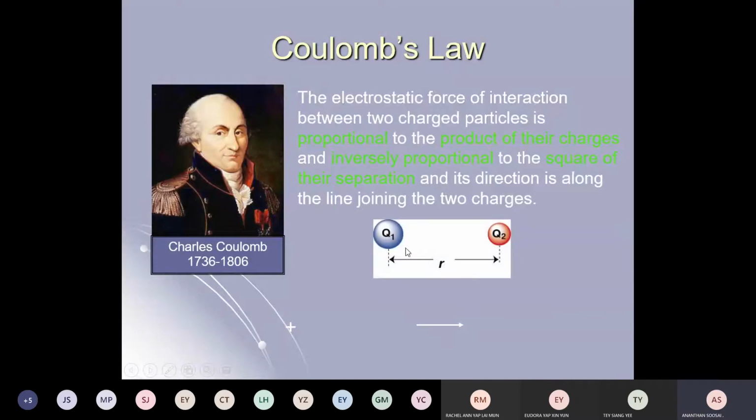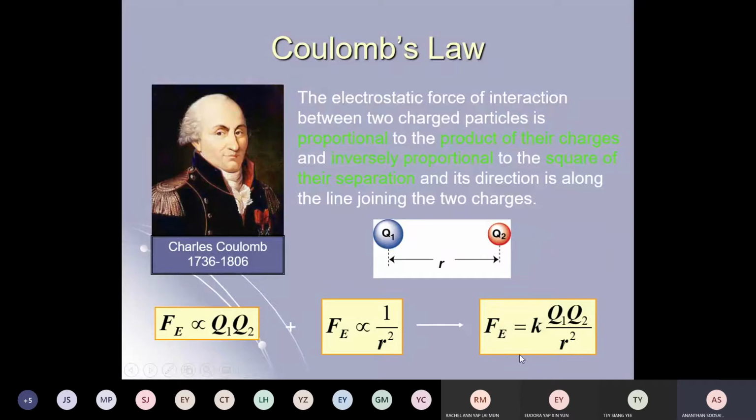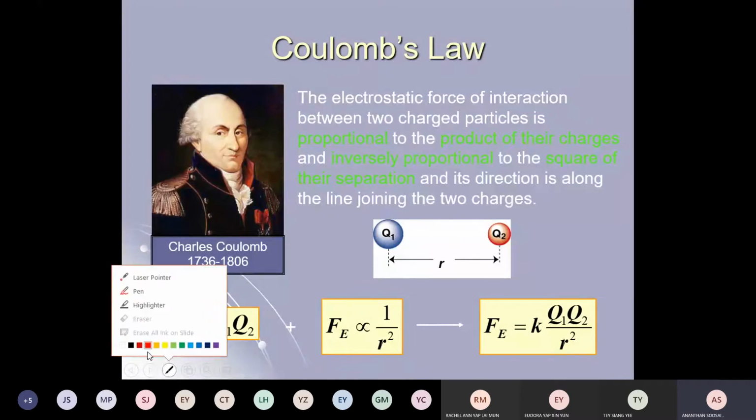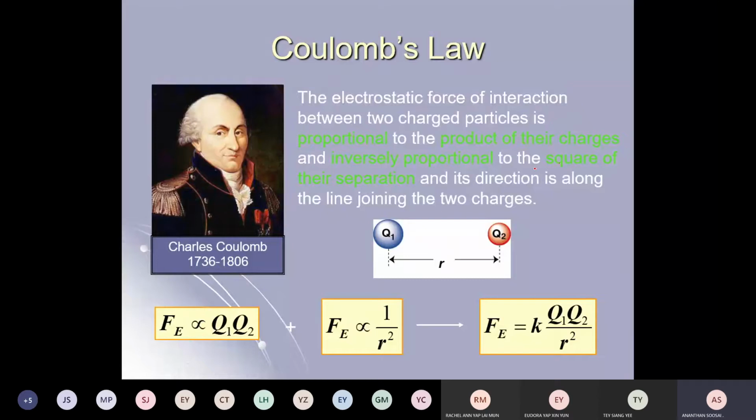So for a charge separation of distance r, the force between these two point charges is directly proportional to the product of the charges. The greater the charge, the greater the force. It is inversely proportional to the square of the distance. Therefore the electrostatic force between point charges is F equals K Q1 Q2 over r squared, identical to the gravitational force.